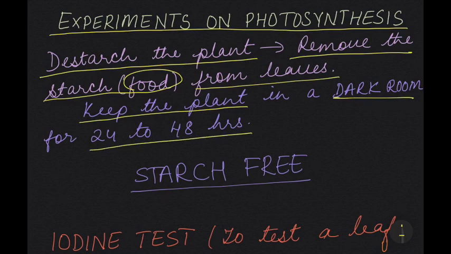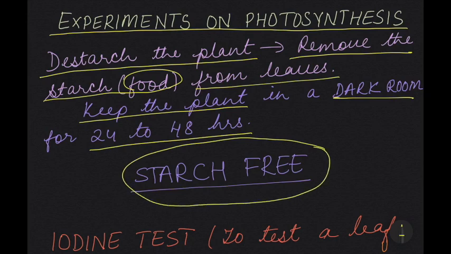Within that time, photosynthesis does not take place, and whatever food was present in the leaf will be carried by the phloem to all different parts of the plant. That means the leaves will be starch free. Remember, we are performing experiments on photosynthesis, so we need to make the leaf starch free, because during photosynthesis food will be produced, and that is what we are testing the leaves for.